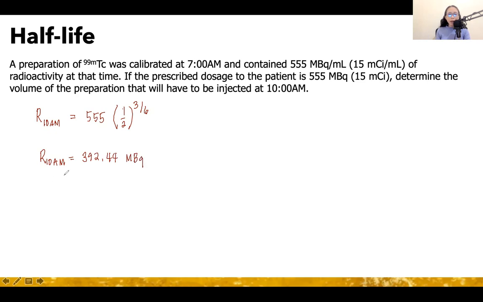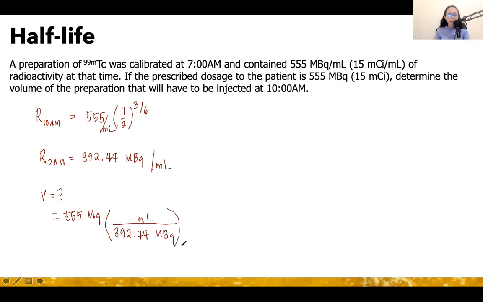But at 10 a.m., what we want is 555 megabecquerels. So the volume that we need, okay, this is actually per ml, right? The unit of 555 here is megabecquerels per ml. So what is the volume that we need? We need 555 megabecquerels of radioactivity at 10 a.m. And at 10 a.m., our sample has an activity of 394 megabecquerels per ml.